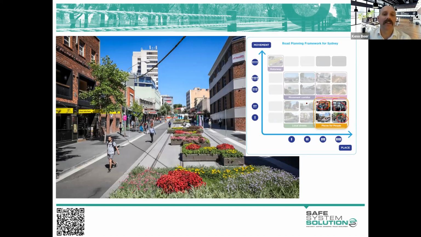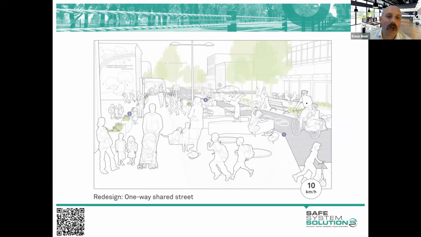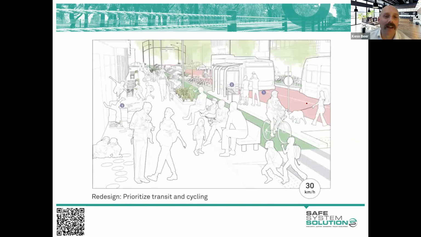And you need to then start to slightly adapt your design or the like. And you can see this one's got a bit more of that movement function built into it, still acknowledging the very high place value of it. So down to 30 kilometers, trying to get vehicle speeds at absolute maximum around that, probably dampening the speeds down a little bit at some conflict points, but still widening and providing those through facilities. So as your movement function increases, you can start to feed in some of these facilities.